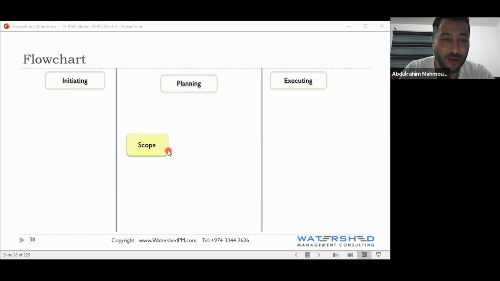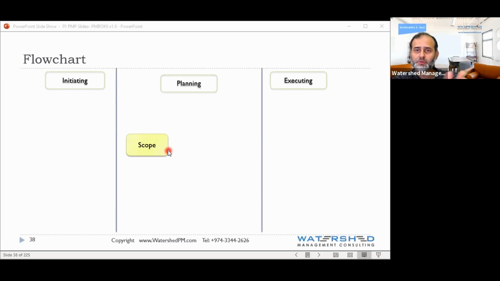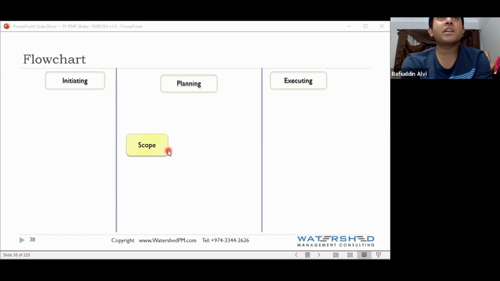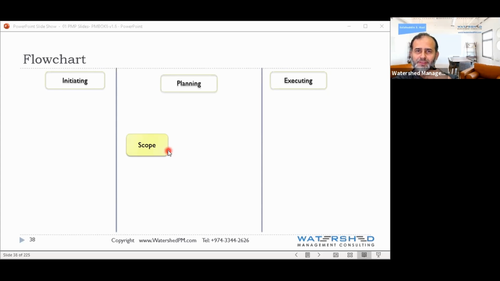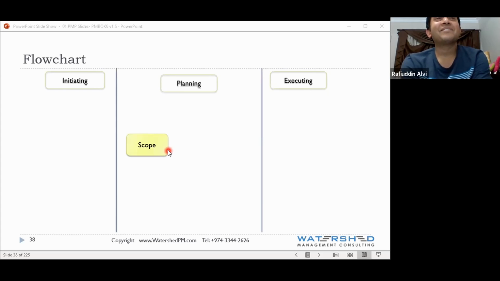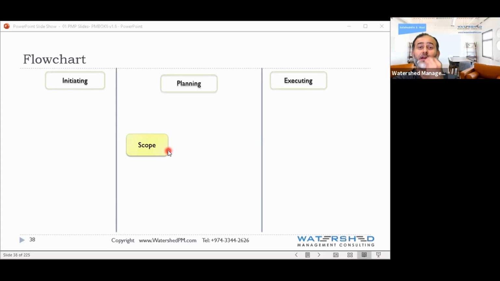Schedule, cost, quality. No, let's go slowly. Think about cost. If you said cost earlier, I didn't pick it up. But I said no to cost. Sorry, my bad. Cost is the last. Everything has a cost implication. Add or remove a resource, it affects your cost.